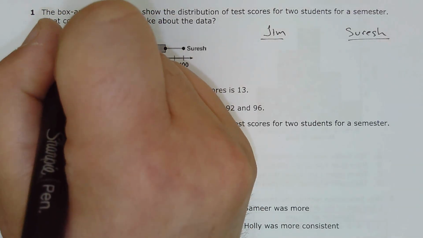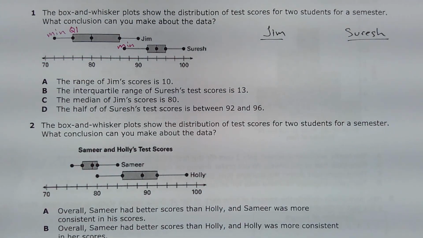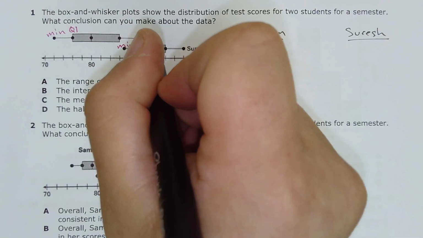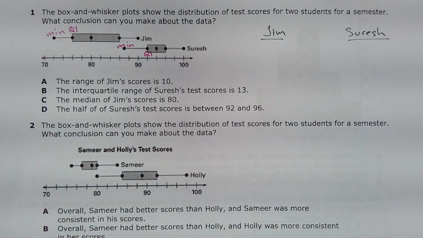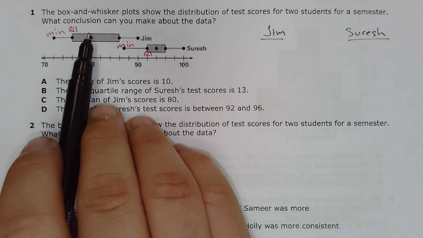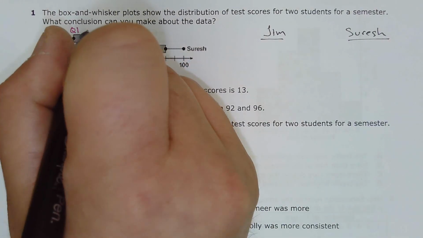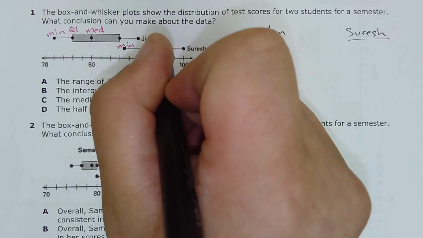Then this corner here, it doesn't matter if it's the top or bottom corner, that's going to represent your quartile 1. I'll put it down here. The dot or the line that's moving vertically in your box is representing the median. And of course, I'm just abbreviating these things here.